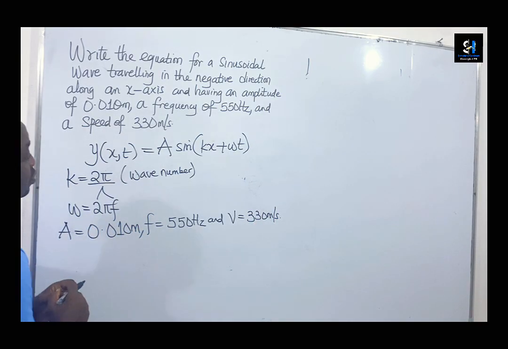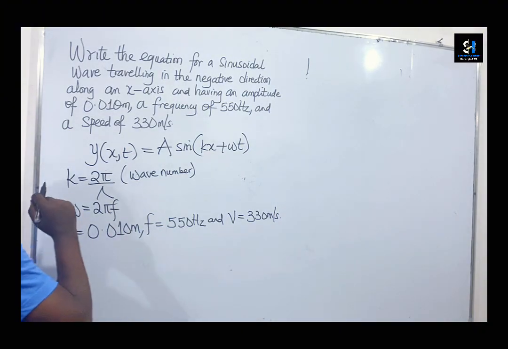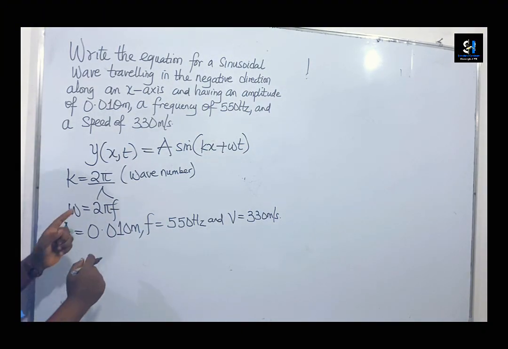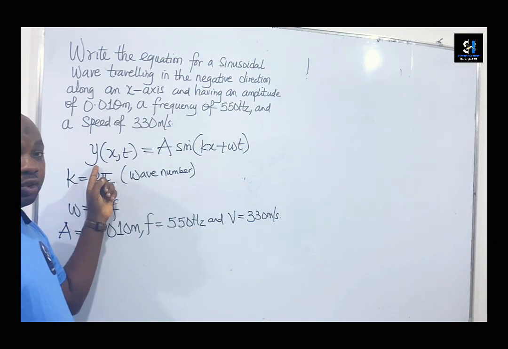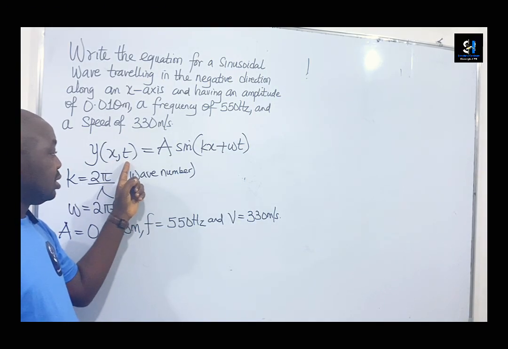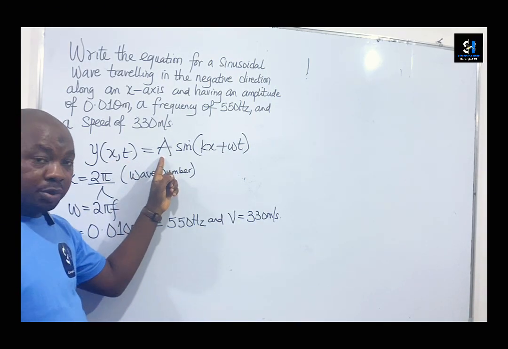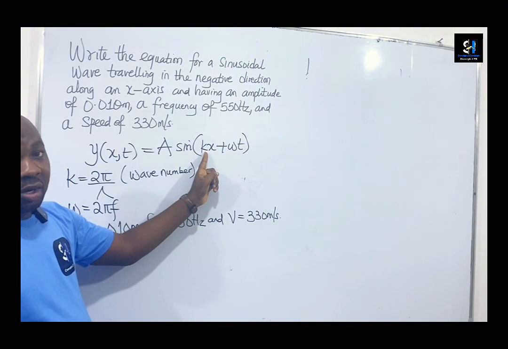The first thing to do is to find the wavelength, because we have the equation model y of x and t equals A, the amplitude, which is 0.010 meters, and then we need the value of k.